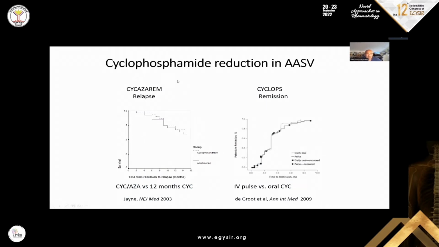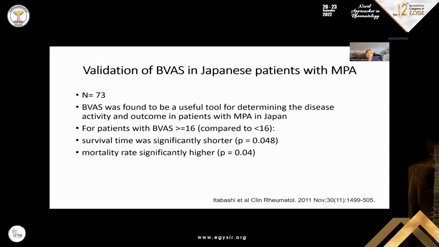BVAS is also used as a definition of what is defined as relapse or as remission. So both in the CYCLOPS and the other cyclophosphamide trials, looking at different regimens of using cyclophosphamide in the early 2000s, BVAS was the main parameter to define these categories of relapse or remission.